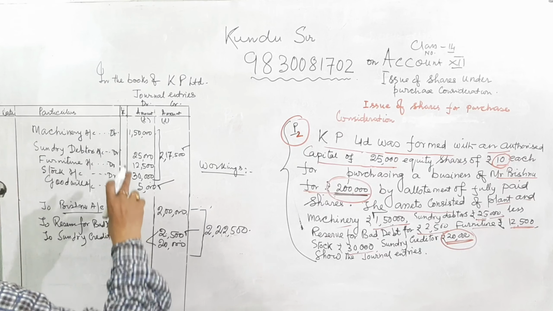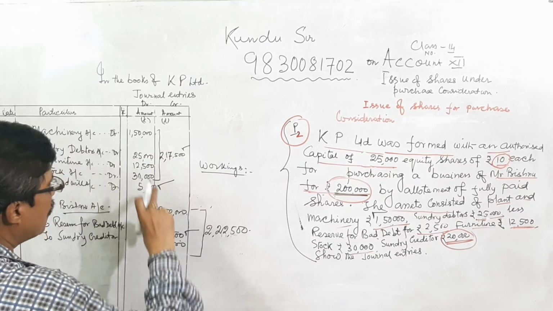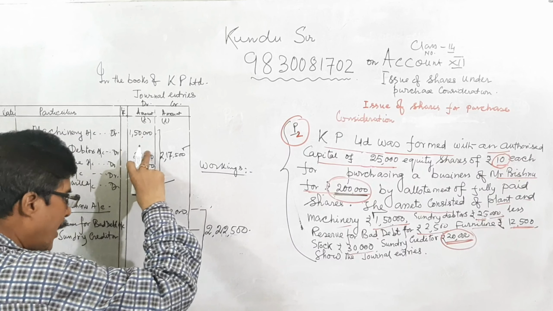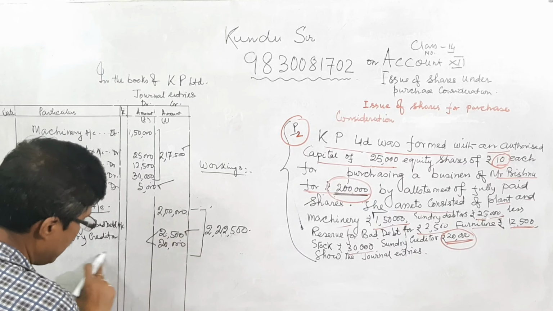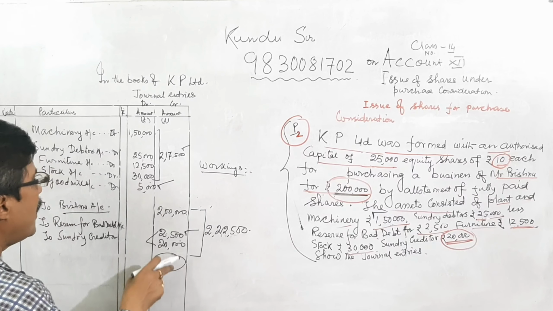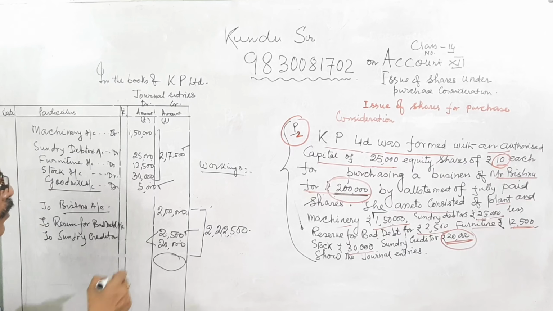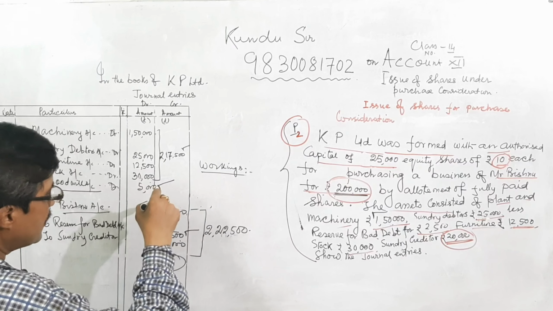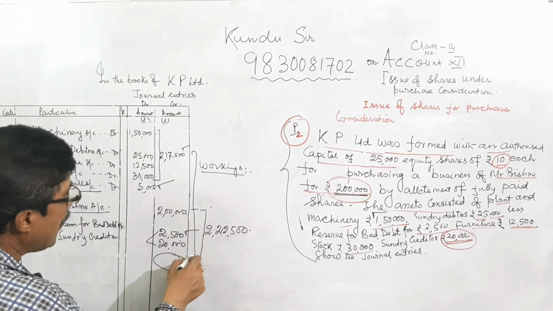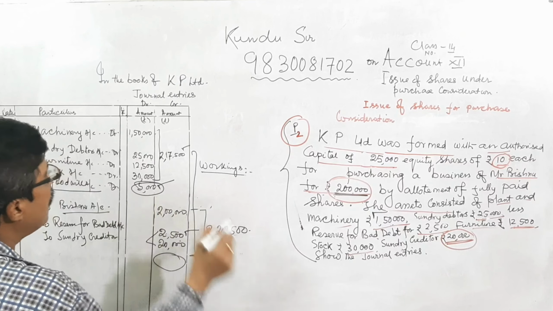If it is more, it will be goodwill, and if it is less, then it is to be capital reserve. This problem is related to creation of goodwill for the difference between the net purchase consideration and the amount paid, which is 5,000, that is equal to goodwill.